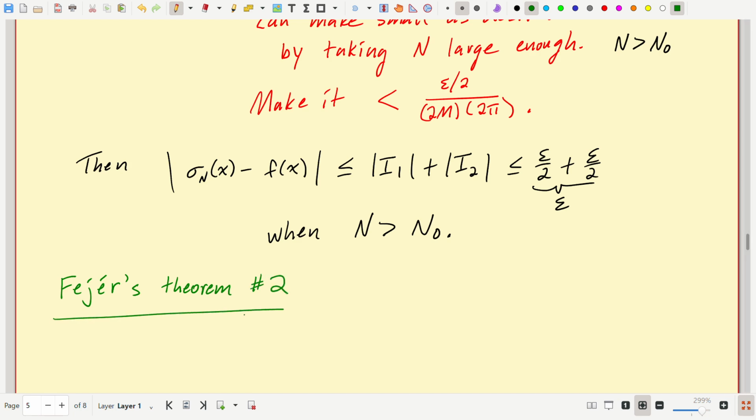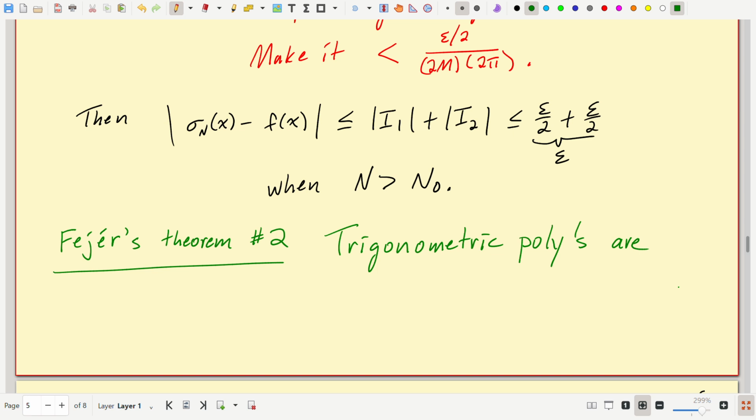Trigonometric polynomials are dense among 2 pi periodic continuous functions on R. I can approximate things uniformly, so there's a word for that: denseness.